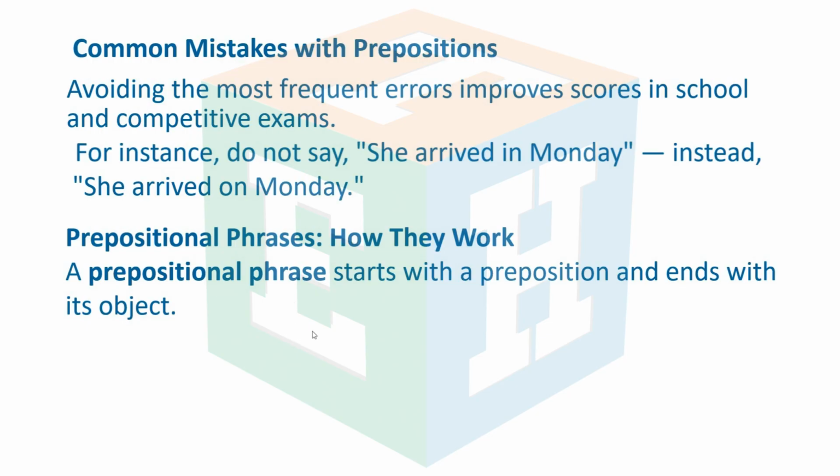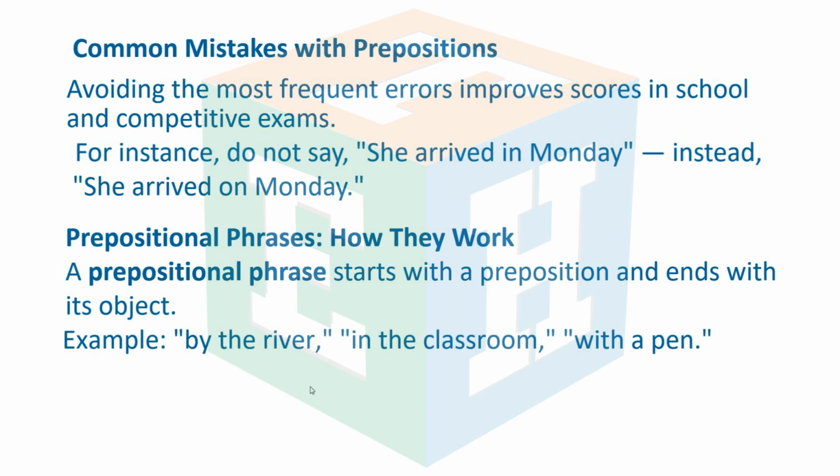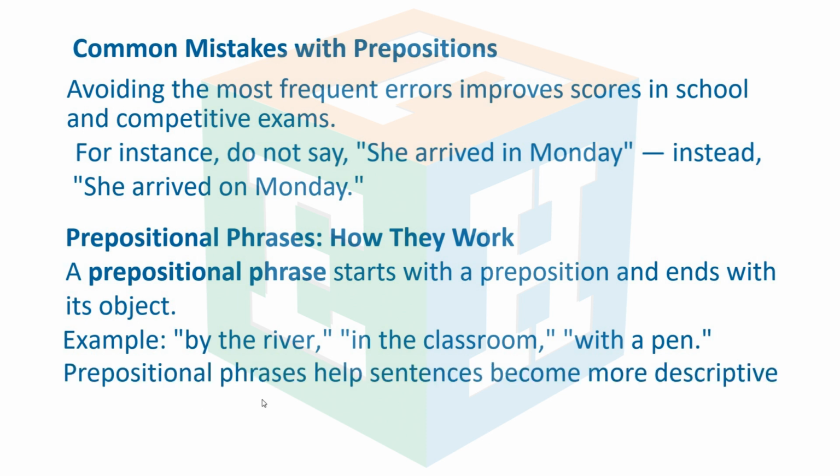A prepositional phrase starts with a preposition and ends with its object. Example, by the river, in the classroom, with a pen. Prepositional phrases help sentences become more descriptive and clear for the reader or listener.